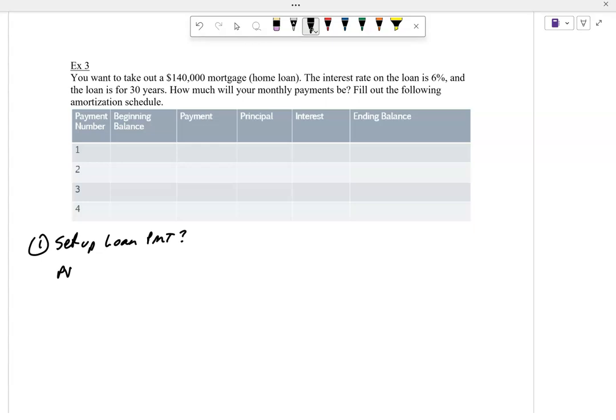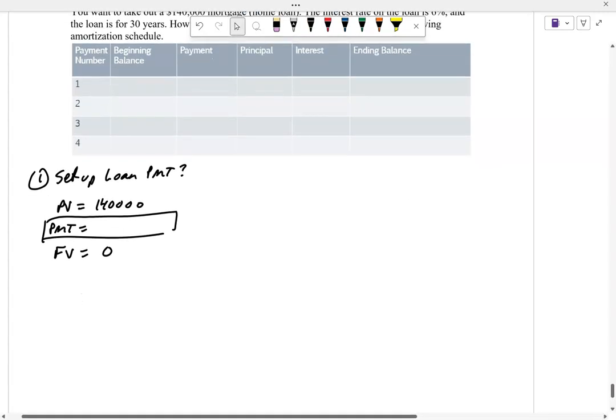Okay, so we have a $140,000 loan. I'm trying to solve for my payment every month. The future value, I'll pay it off and owe the bank nothing at the very end.